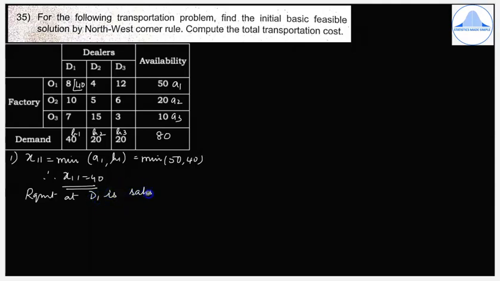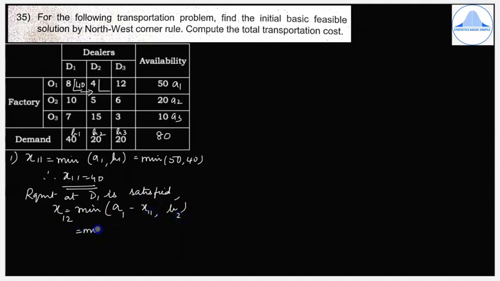So whenever requirement is satisfied, we have to move to the right and we use the formula X is equal to minimum of A minus X comma B. So this cell is X12 is equal to minimum of A1 comma X, which will be the previous X which you found out, X11, minus B2.